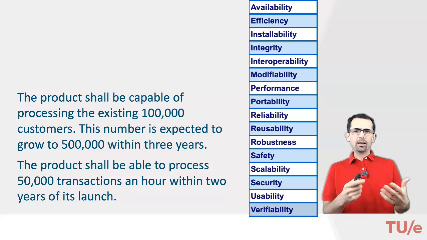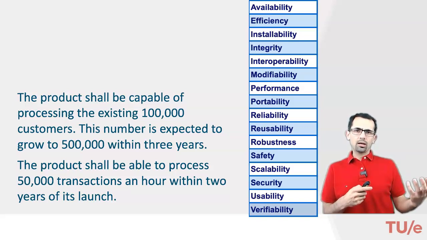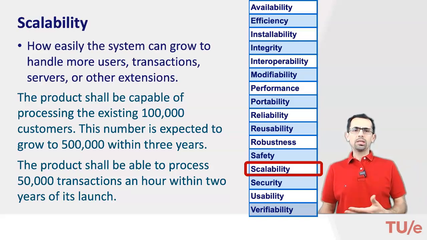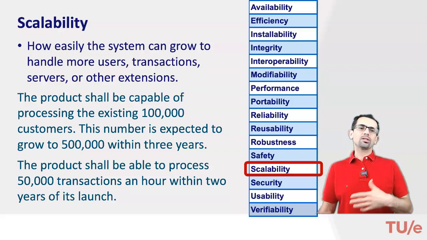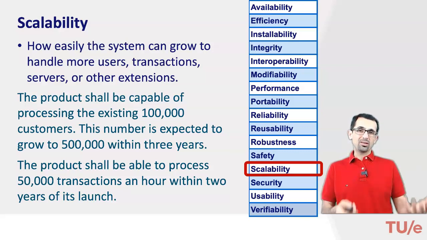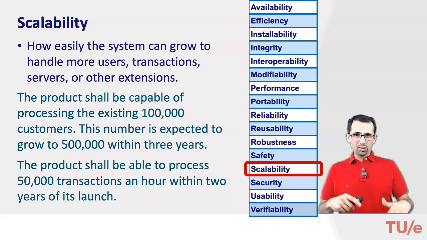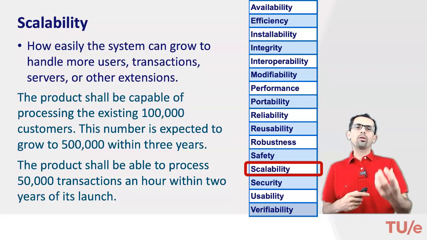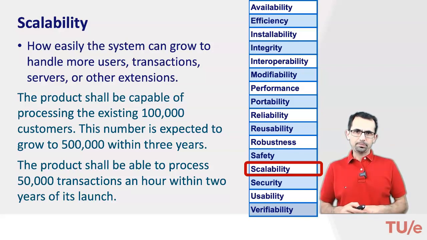We project our expectations for the future, and we want the system to be scalable: how easily the system can grow to handle more users, transactions, services, and other extensions without any observable performance decrease. That's scalability.